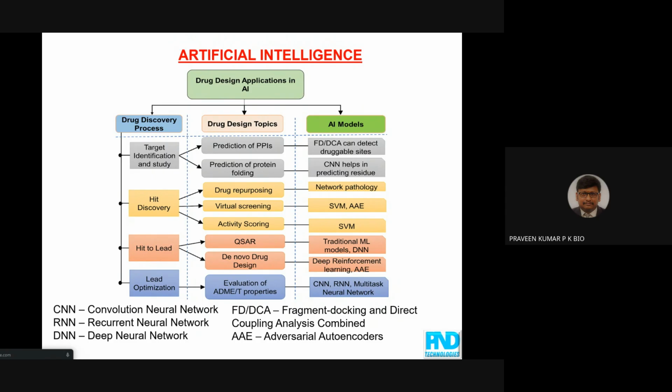Including QSAR, pharmacophore mapping, modeling, docking, virtual screening, everything is developed. We are using tools for automation. If you give any kind of input, AI and ML are integrated inside for prediction.